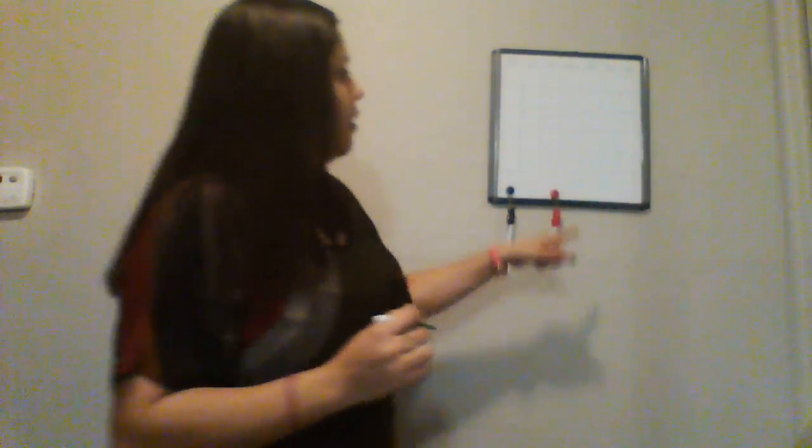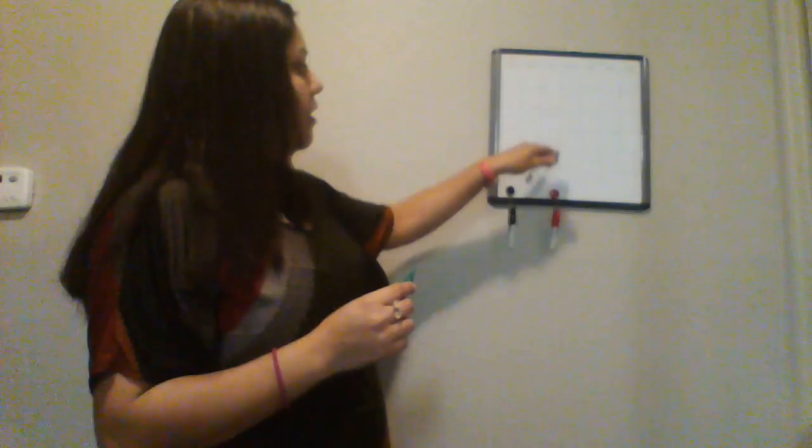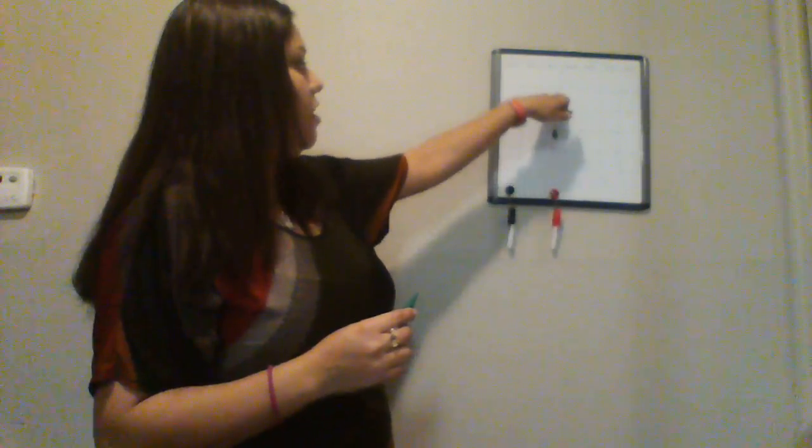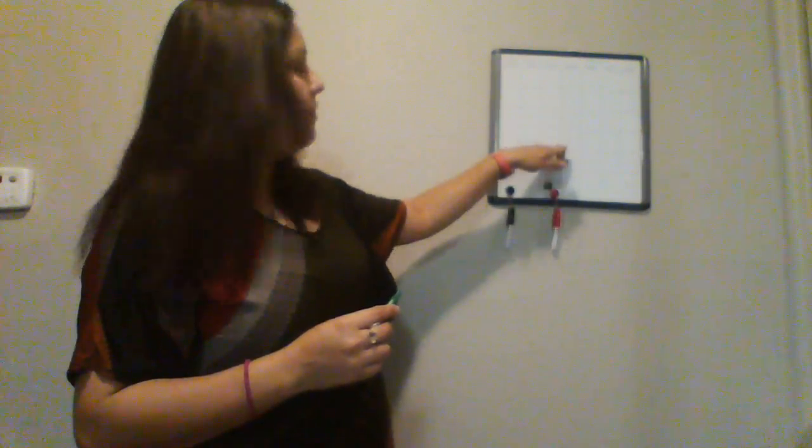Let's say that we're going to compare 1/3 and 1/2 and see how these two relate to each other based strictly on the graphs. We're going to have one that we cut into 3 parts, 1, 2, 3, and then one that we cut into 2 parts, 1, 2.